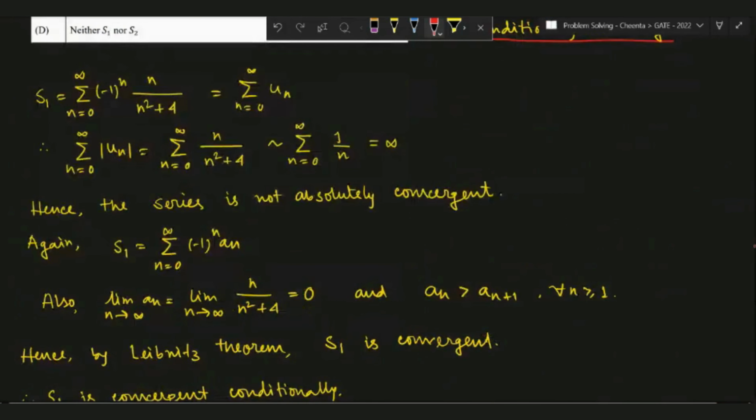So S1, we can write it as a summation of some un, where un is (minus 1) to the power n into n by n square plus 4. So the absolute value of un will be n by n square plus 4.